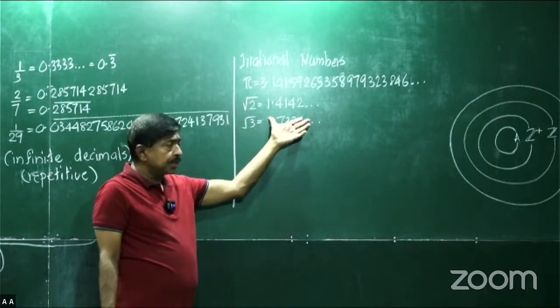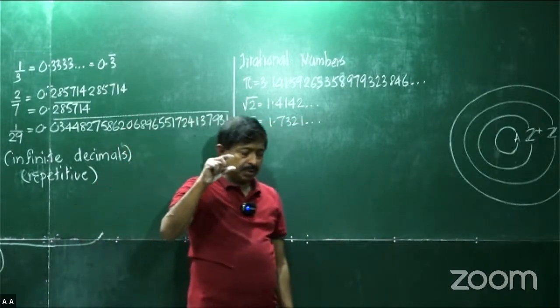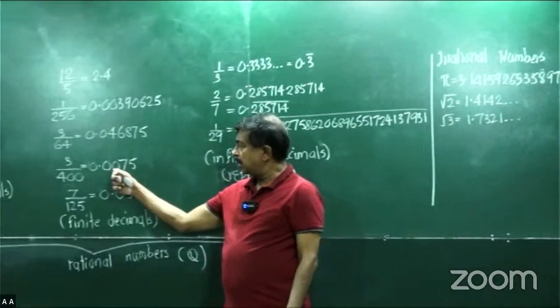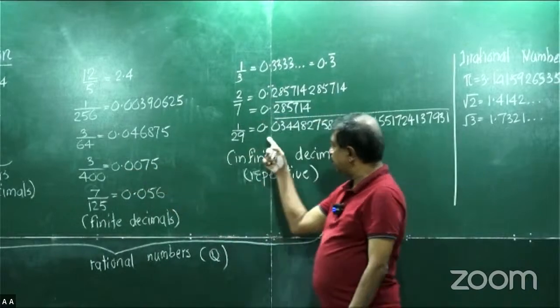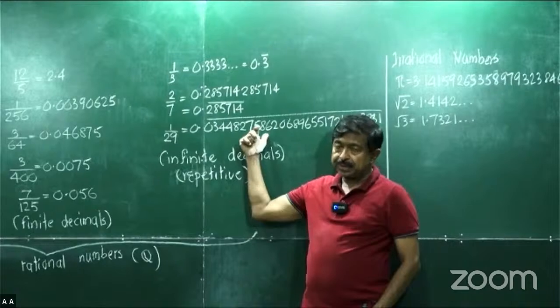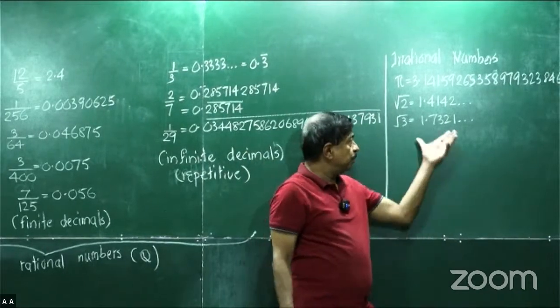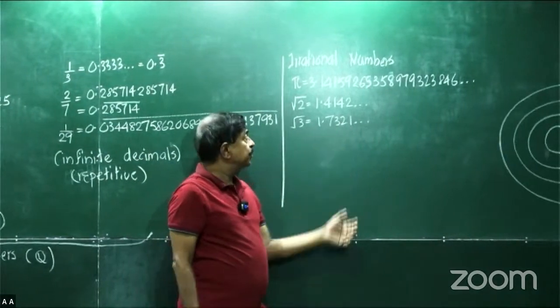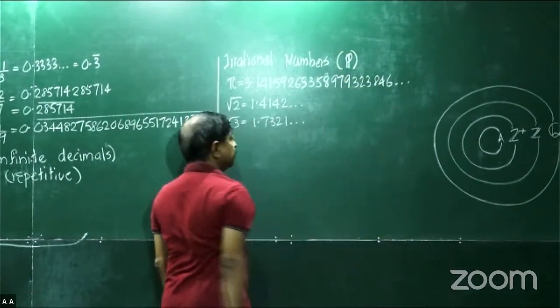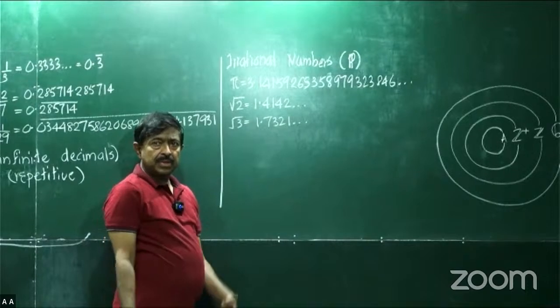Now, these are not rational numbers. If you write a ratio, then you always have the decimal sequence either finite or infinite with repetition. So these are a different class. The set of irrational numbers is denoted by P.